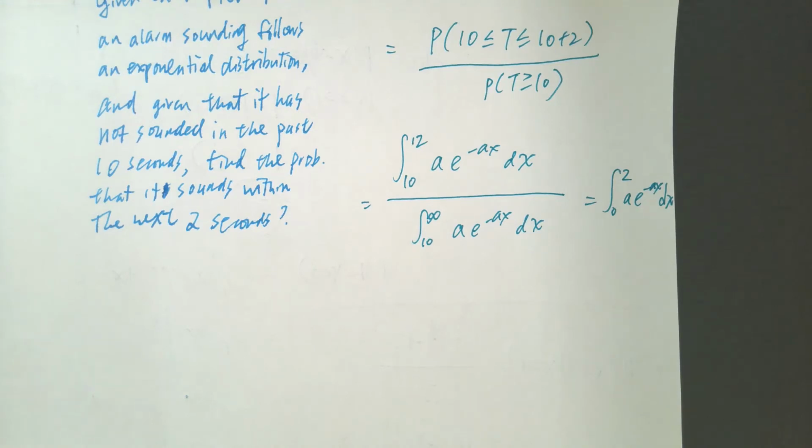Alright, so we can try to calculate this, but we don't have to do that. We don't have to prove this. But what it essentially says is that it doesn't matter what happened previously. Alright?